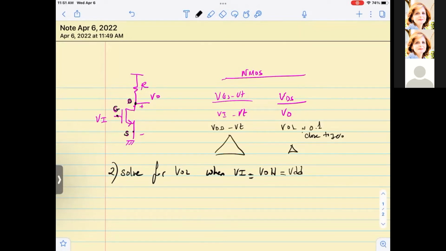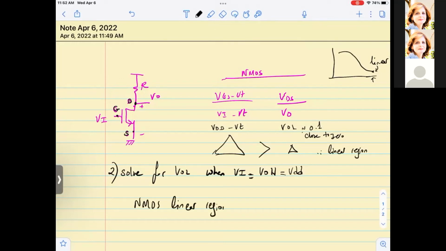As we saw in the VTC characteristic, the point VOL is in the linear region. Also here we can see clearly that VOL is small and VGS minus VT is large, therefore I am in the linear region. So the NMOS is in the linear region.